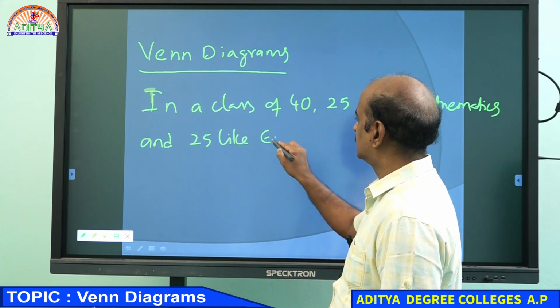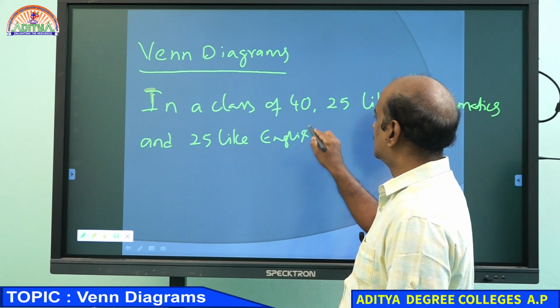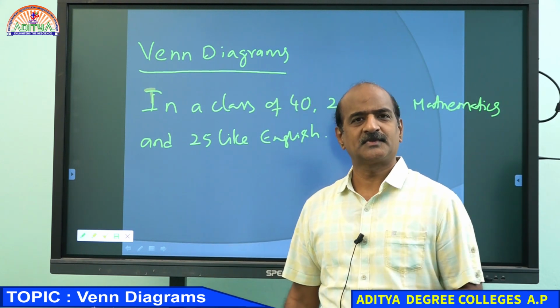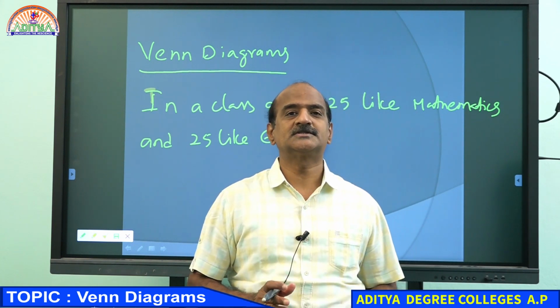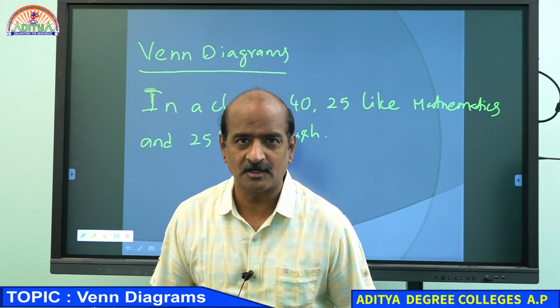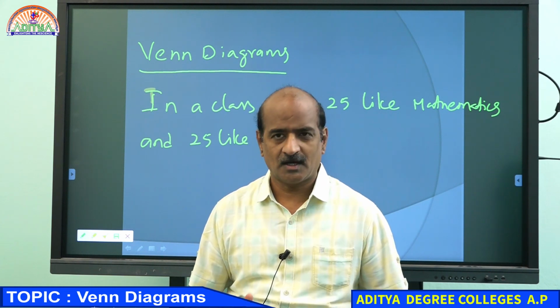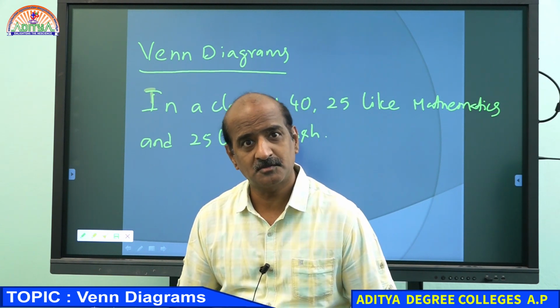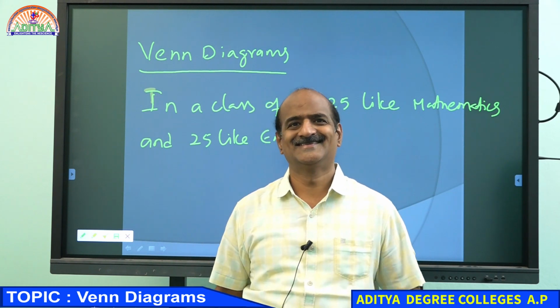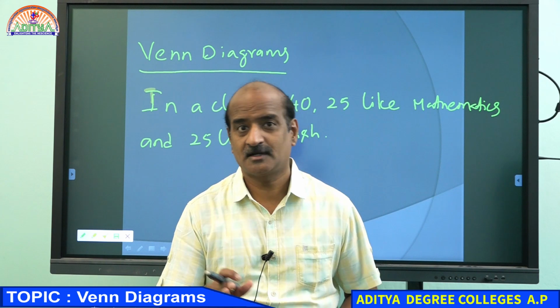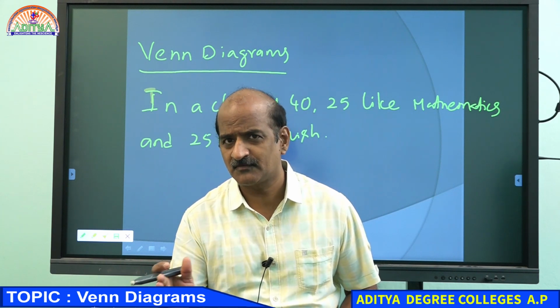If I give you this information, we are discussing a class where the strength is only 40. We have a strength of 40, but how come 25 and 25? You understand my point? Is it possible out of 40?